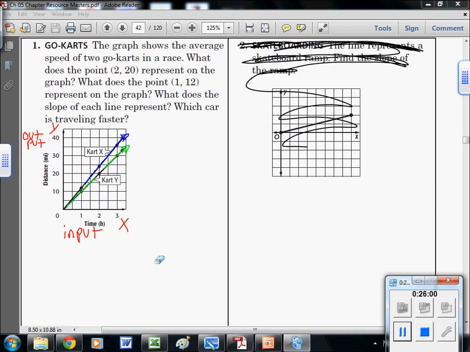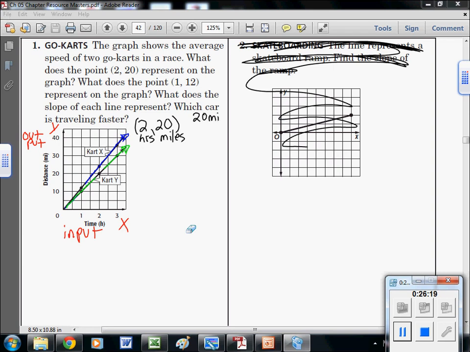So we've interpreted this one as well. So let's write those down real fast and see if we can interpret them. So 2 comma 20, that means hours, miles. That tells us we drove for 2 hours and we went 20 miles.